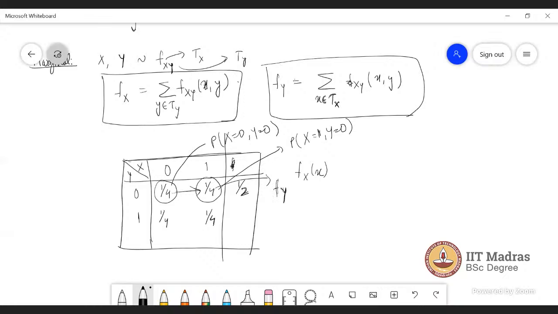If I am finding fy, I am summing over x.